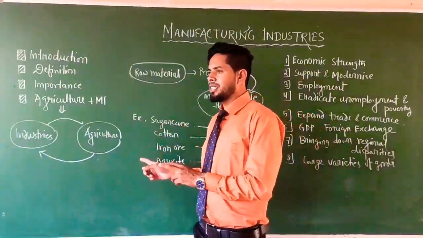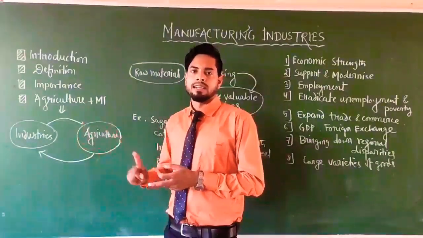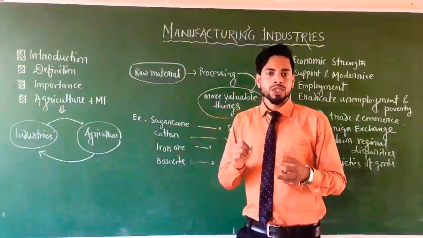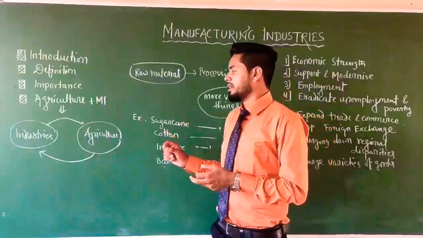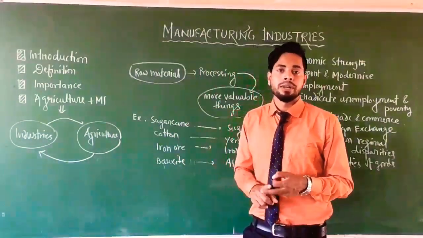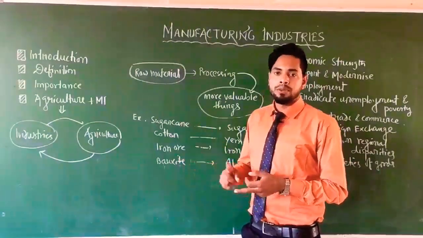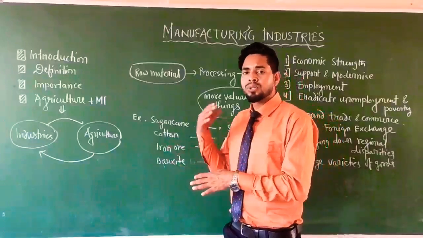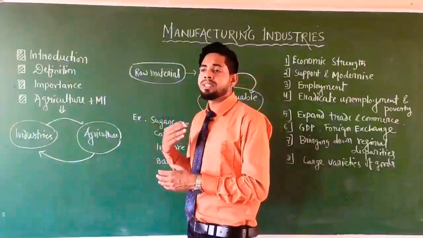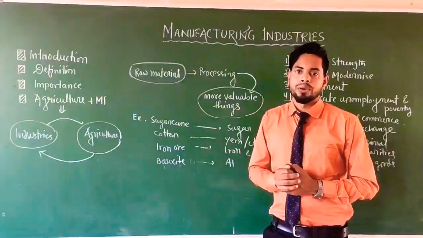How? Industries boost the production of agriculture by providing tools and raw material and other inputs like tractor, harvester, thresher, combine, pesticides, insecticides, fertilizers, PVC pipe, tubewell, etc. And also industries depend on agriculture for their raw material.